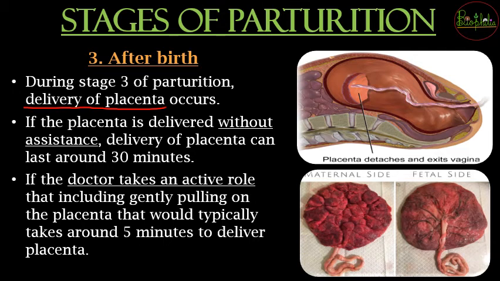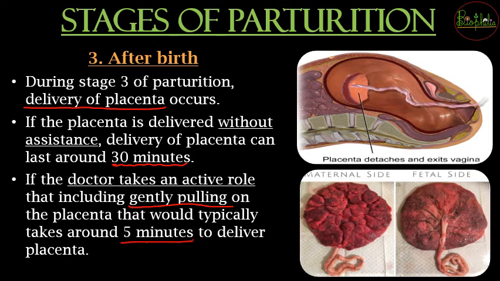So placenta can be delivered without assistance. अगर वो खुद ब खुद contractions की वजह से remove करना है, then it can take around 30 minutes. Otherwise, if the doctor is taking an active role, wherein the doctor is going to gently pull the placenta, यानी umbilical cord जो बाहर लटकेगा वो वहाँ से धीरे धीरे पुल करेंगे, then because of that gentle pulling along with the contractions, the placenta would typically be removed in about 5 minutes.